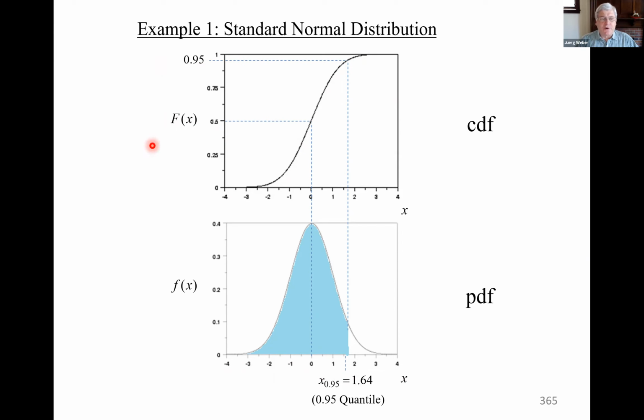You have those uniformly distributed values here, and then you apply the inverse of the CDF. You see, you begin here, apply the inverse, and then you get the x values, and those x values have actually this CDF Fx.